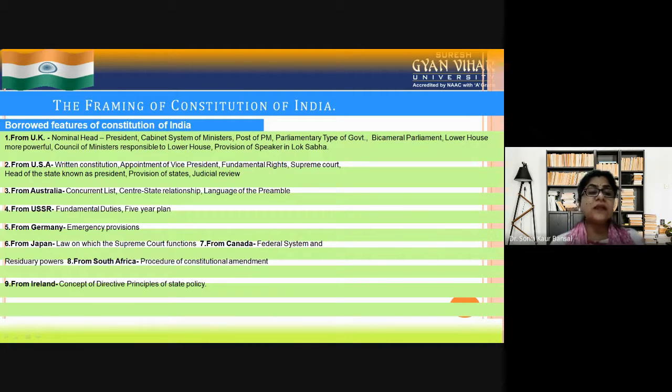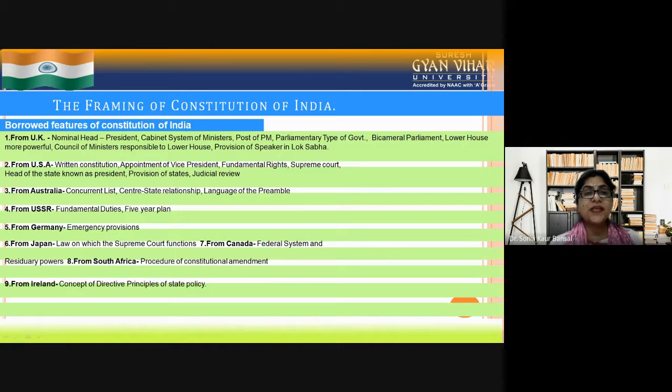Then on 13 December 1946, an objective resolution was presented by Mr. Jawaharlal Nehru, laying down the underlying principles of the Constitution. This later became the preamble of the Constitution.